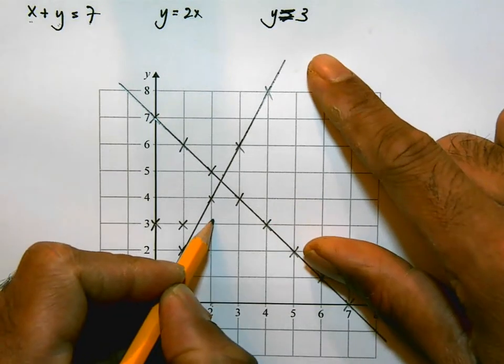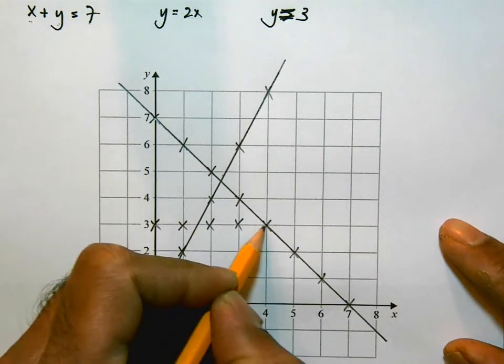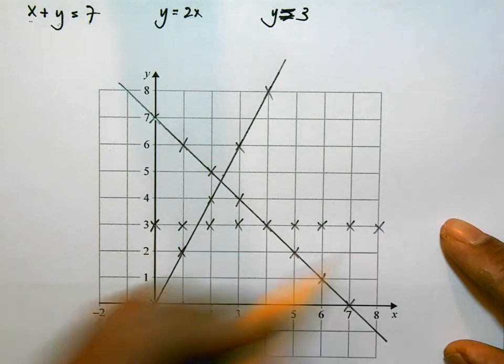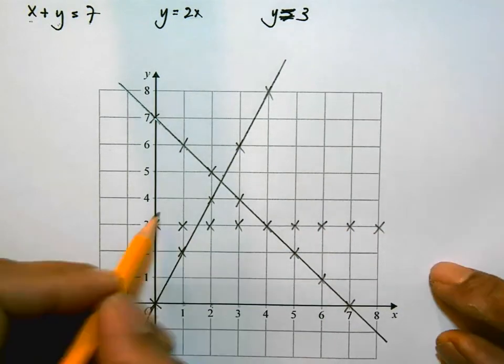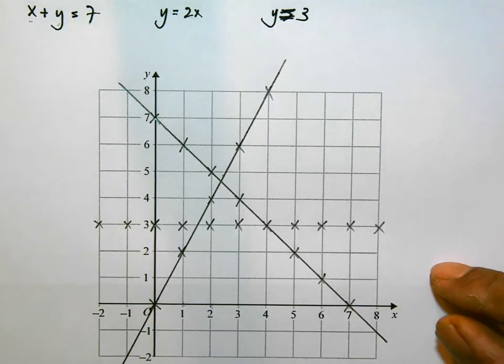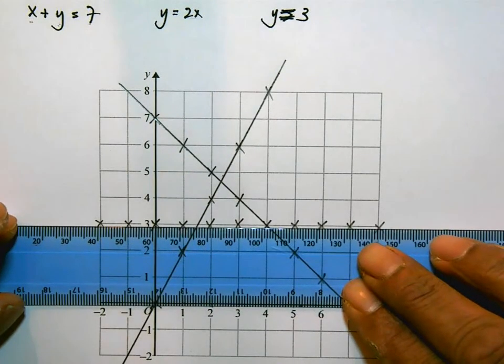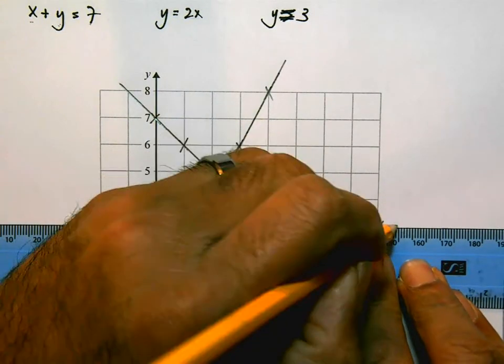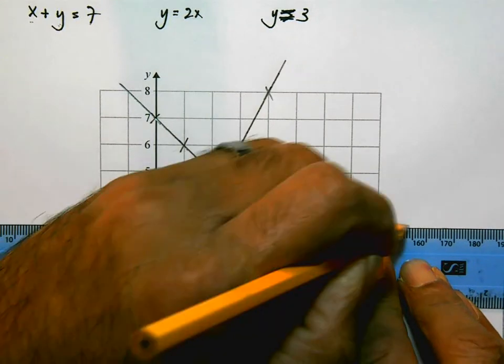The y coordinate is always going to be 3. I could pick those even for the negative values all the way to this end, and just as I did before, I'm going to join them up with the ruler to form the line itself. Okay, so there are my three lines.